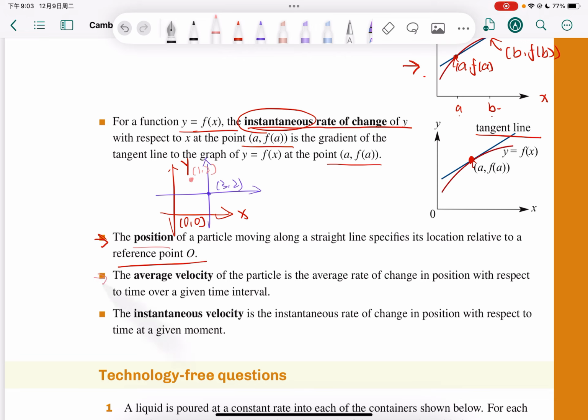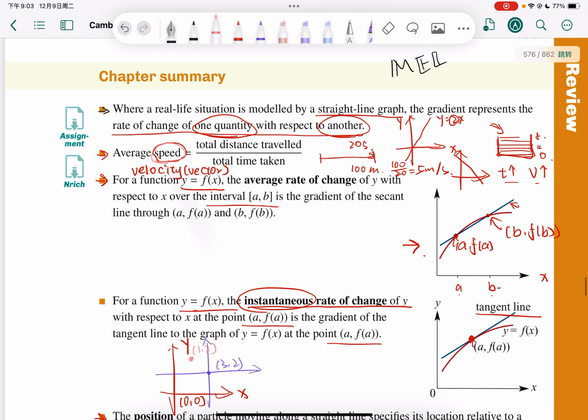And the average velocity. Now we're talking about velocity, so it has direction. The average velocity of a particle is the average rate of change in position with respect to time in a given time interval. So why is velocity a vector, but when we talk about speed, it's not a vector? It's important to know that when we talk about speed, we use the total distance traveled.